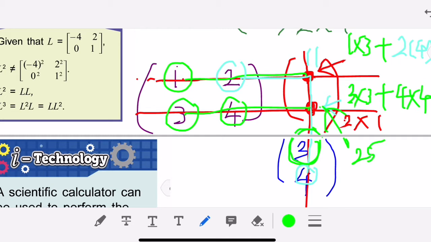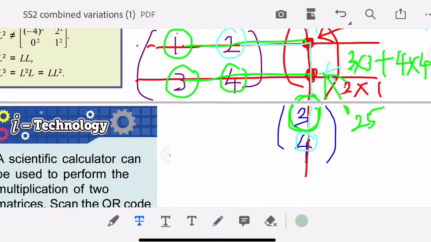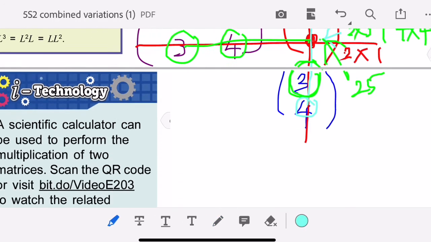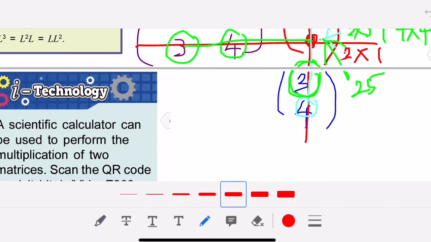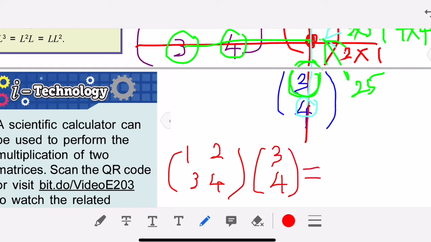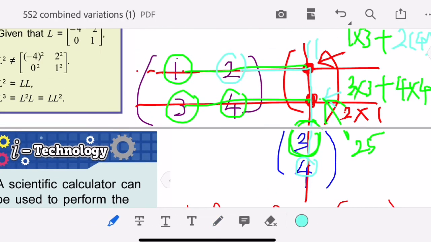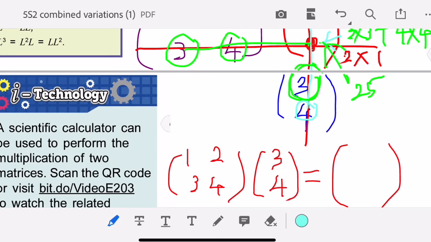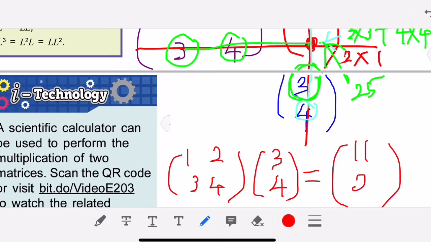All right, so that means the matrix that you get after you multiply, the concept is like this. You write 1 2 3 4, and you multiply with the 3 and 4. What you get is 11 and 25.